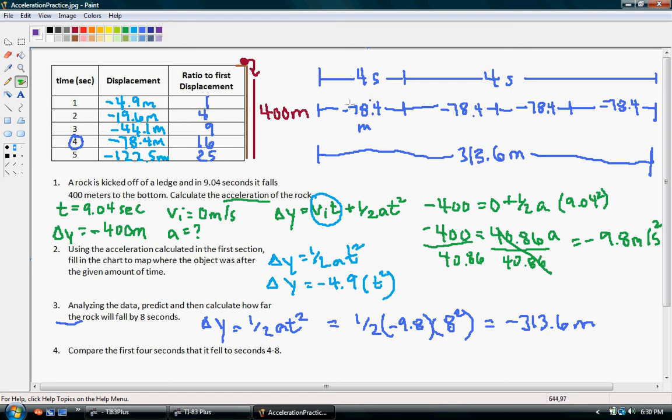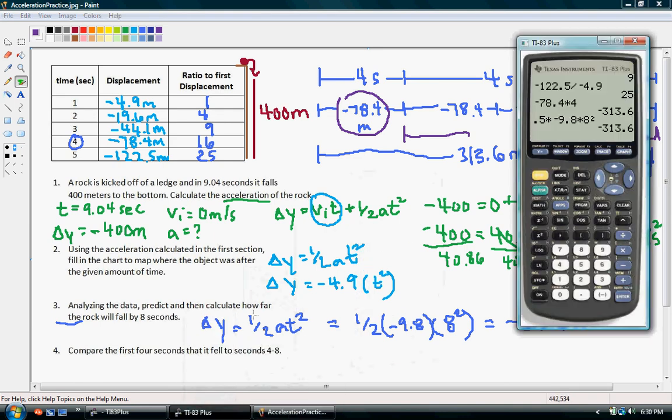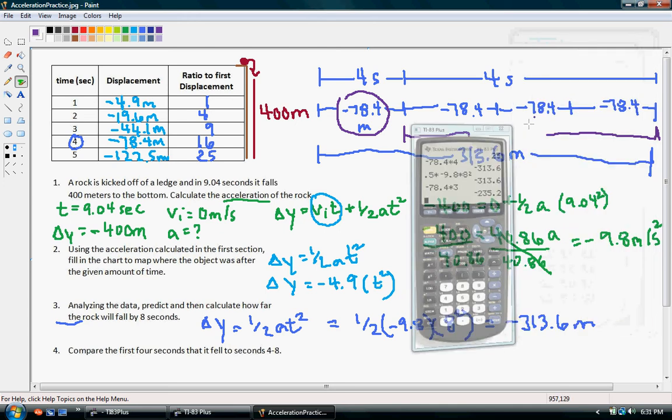So in the first 4 seconds, it fell 78.4 meters. In the last 4 seconds that we are analyzing, 78.4 times 3, it fell 235.2.